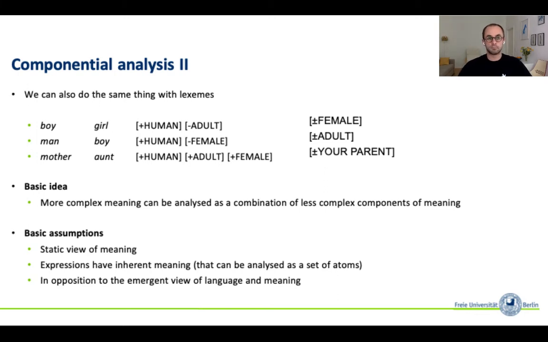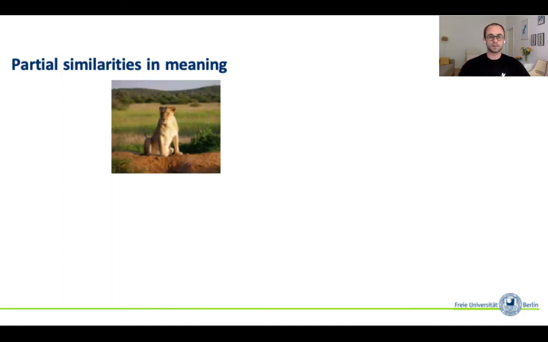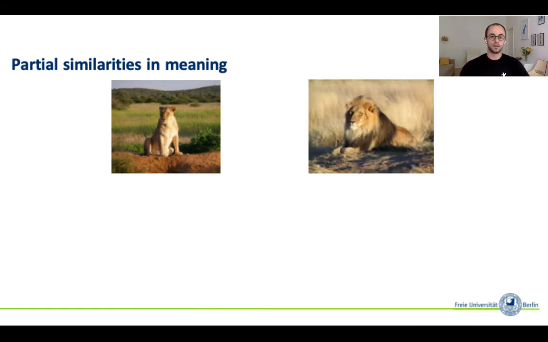Another question that begs itself is, how do we actually know that there are such things as semantic features? Well, there are a number of reasons why we can assume something like that. First one are partial similarities in meaning between different words or different expressions. So, for example, we have here a lioness, a female lion, and if we compare it to a related word, lion, a male lion, we see that lioness and lion are not two completely different words, but they have something in common.